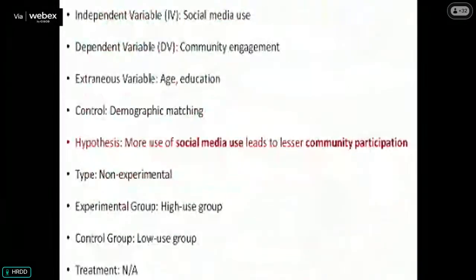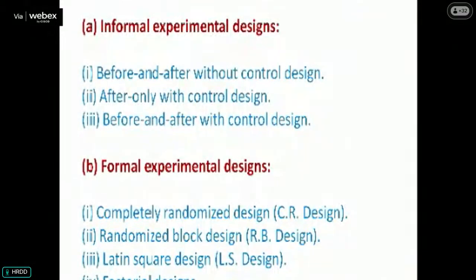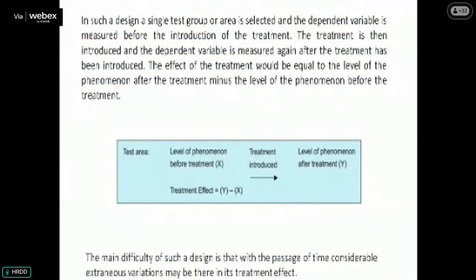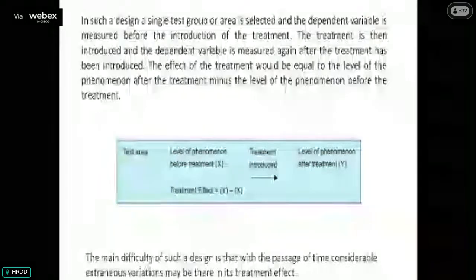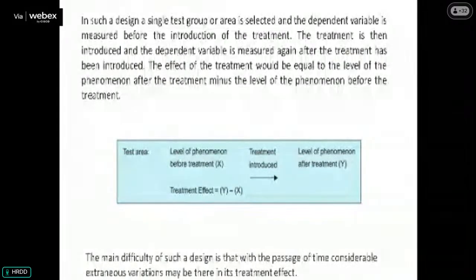Here they are saying that before the treatment the level of phenomena was X, and you manipulate something, you introduce a treatment, and after the treatment the level of phenomena becomes Y. So Y minus X is the treatment effect.